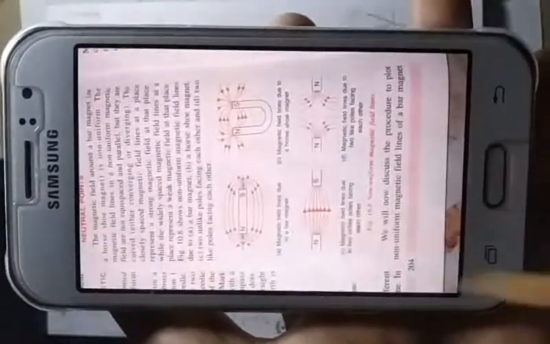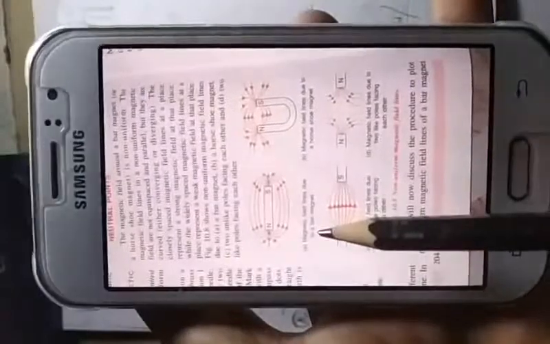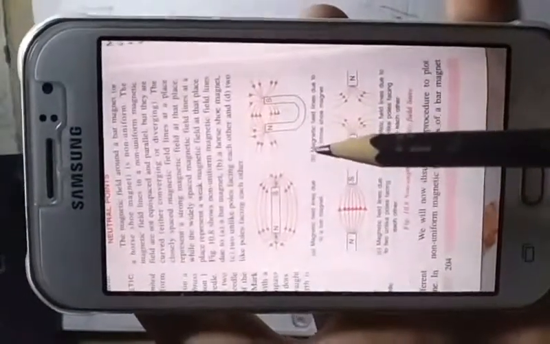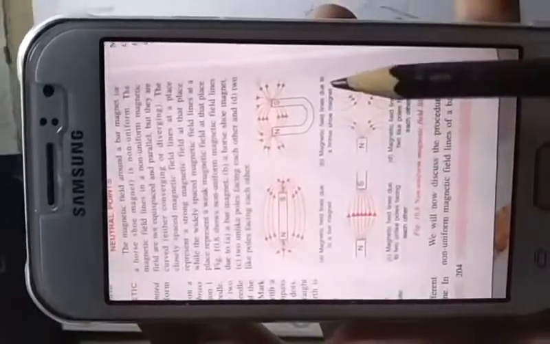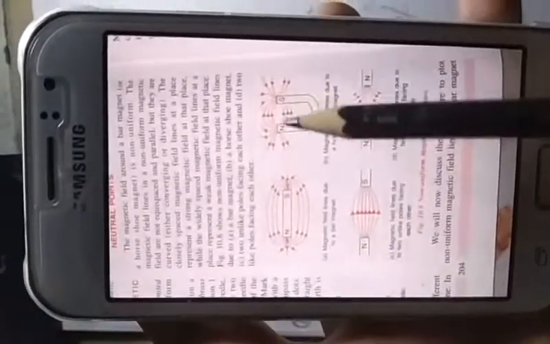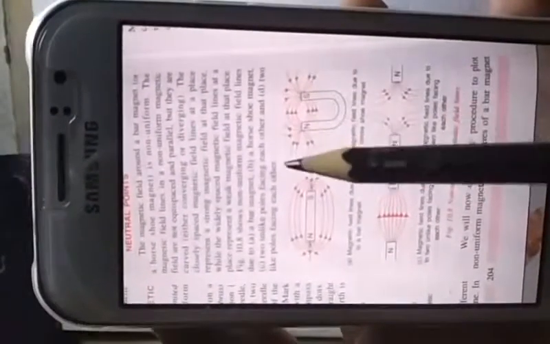You just practice it. Here you can see the magnetic field due to a bar magnet. That is very easy, I have drawn it several times. Here are magnetic field lines due to a horseshoe magnet. You can see between north and south it is like this, and outside also like this.